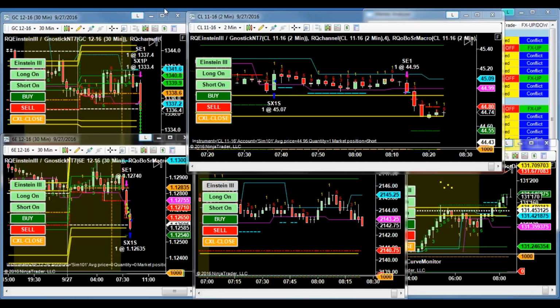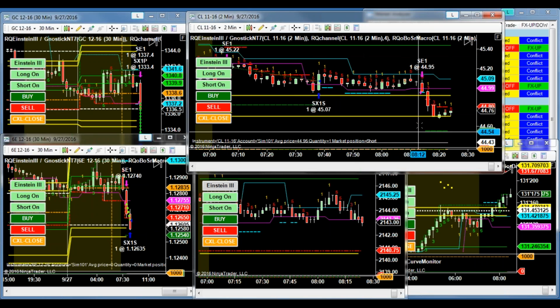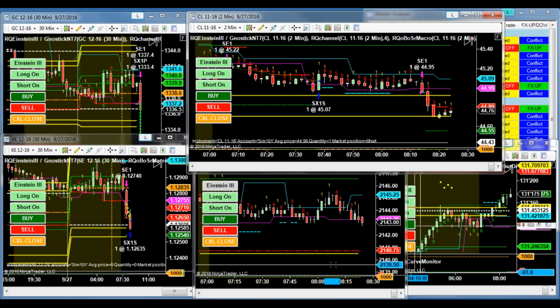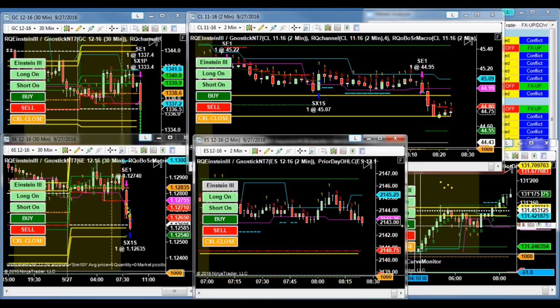Euro looks like it wants to continue lower. It's too bad we got out on that pullback. But most of the time you get to see these trades way in advance.